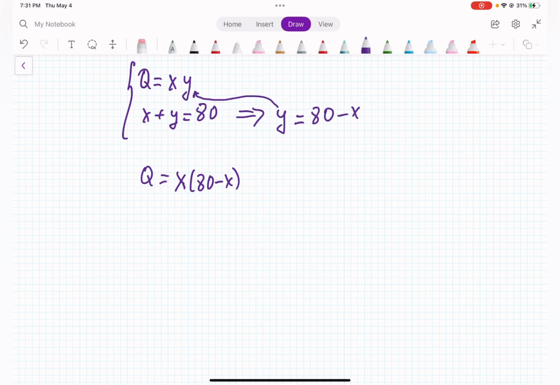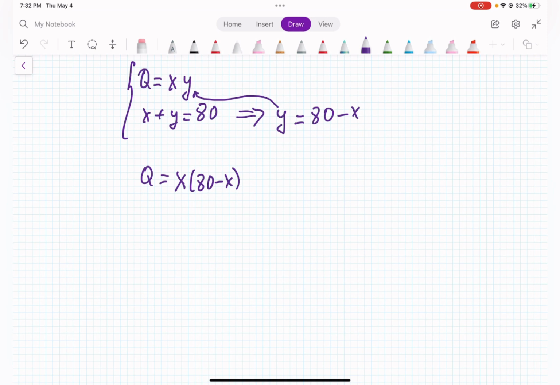Why am I doing this? Because to find the maximum, remember we need to find the critical value and then identify whether it is a maximum or minimum. To find the critical value, we need to take the derivative. To take the derivative, we want to end up with one variable, otherwise we have to use implicit derivative, which is much more complicated.